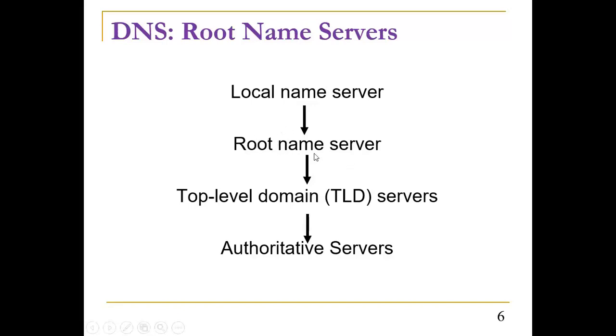And if the root name server also doesn't have that particular website address, then it goes to the top level domain servers. And if it's not available in these servers also, then it goes to the main server, that is authoritative servers. So by classifying into hierarchy, all the servers are not storing all the website address. So only the frequently used website address are stored in that particular servers.